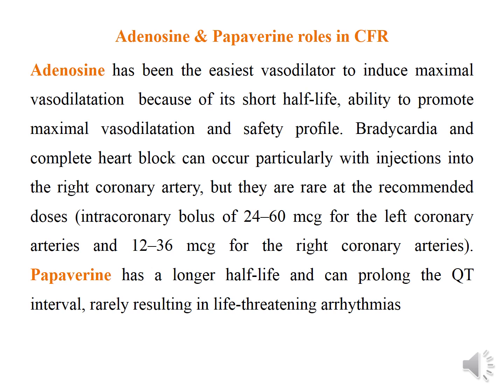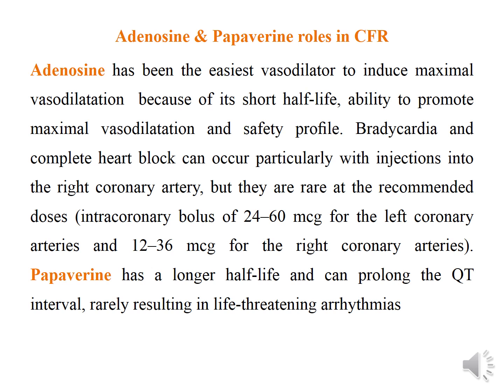Adenosine and papaverine roles in coronary flow research. Adenosine has been the easiest vasodilator to induce maximal vasodilatation because of its short half-life, ability to promote maximal vasodilatation, and safety profile. Bradycardia and complete heart block can occur, particularly with injections into the right coronary artery, but they are rare at the recommended doses.